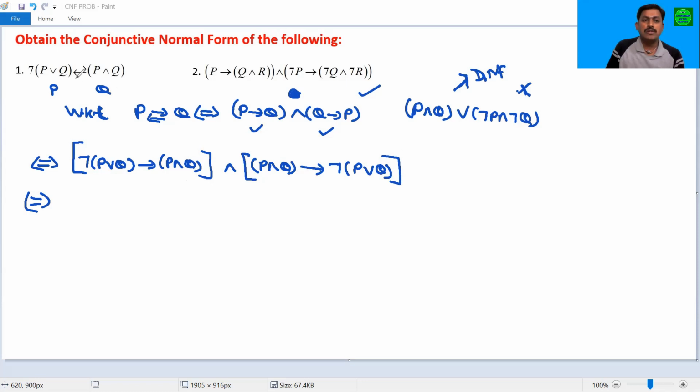The biconditional symbol we converted into the conditional symbol. Still we have to simplify this conditional symbol into the negation and or symbols.